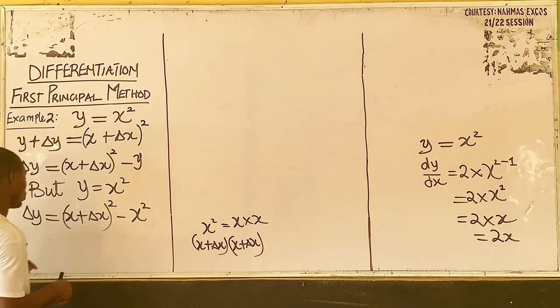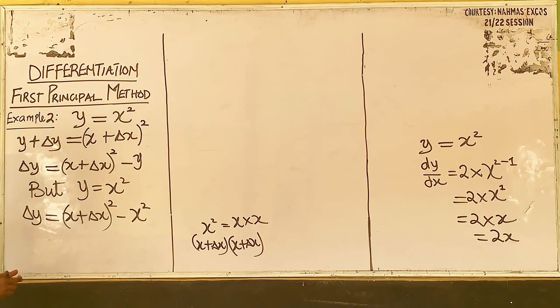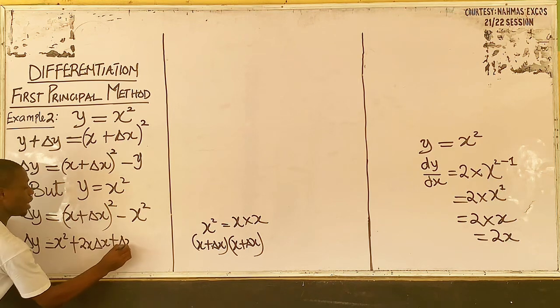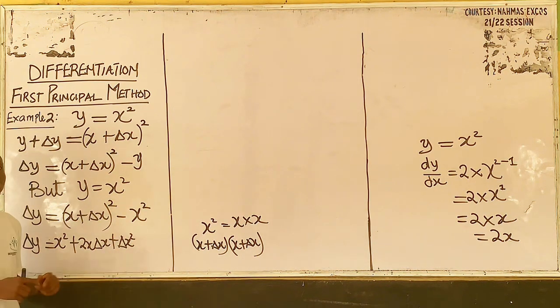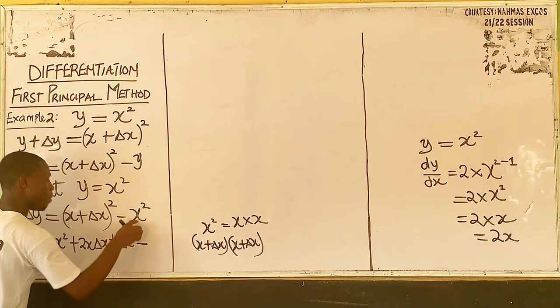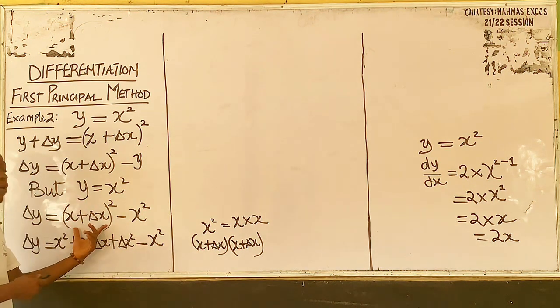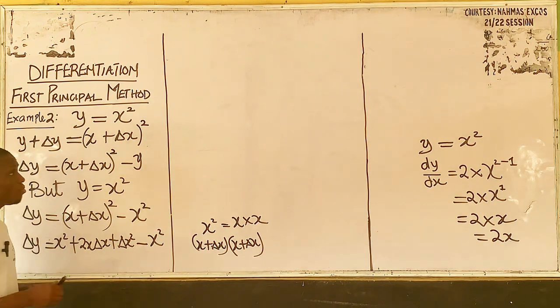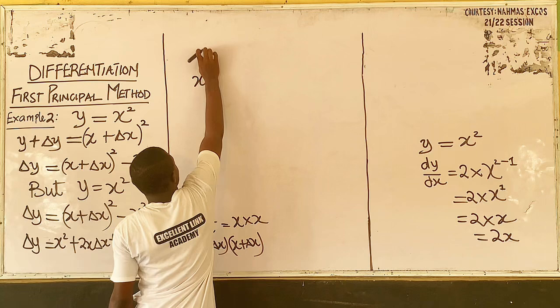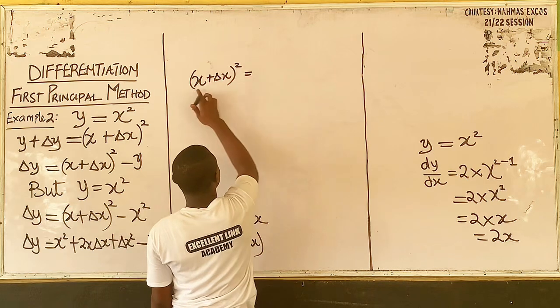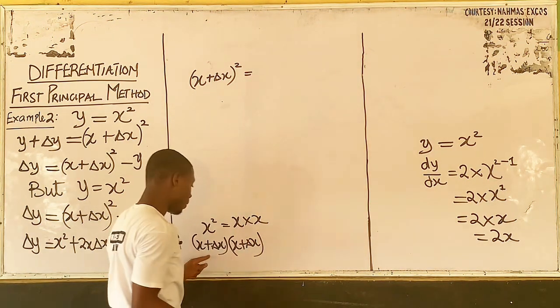If I'm to expand this one using binomial theorem or perhaps Pascal's triangle, I should have that change in y is equal to x squared plus 2x change in x plus change in x squared, minus x squared. For the sake of teaching, I'll try to explain how I got to this expression. So let's say I have x plus change in x squared. We said this means that this thing is multiplying itself twice, as I expressed in this case.